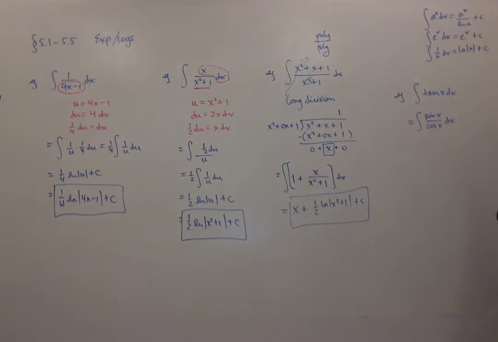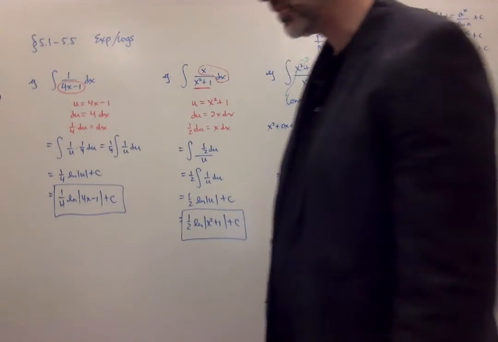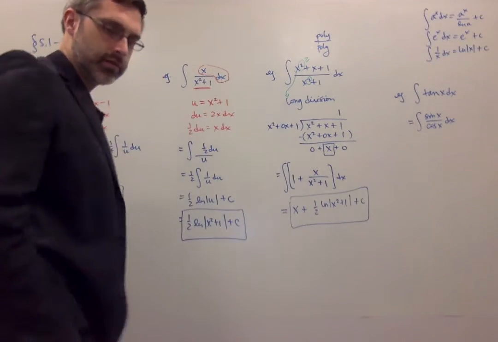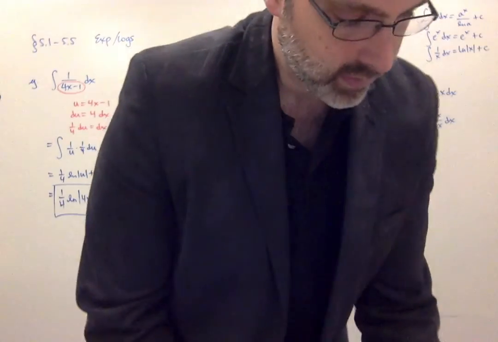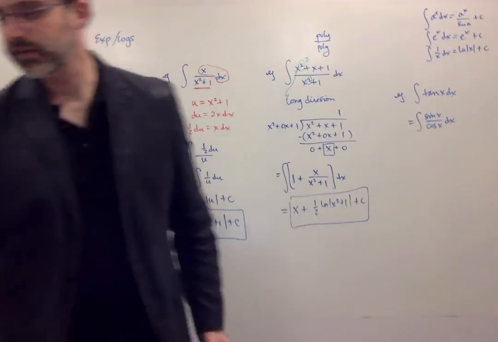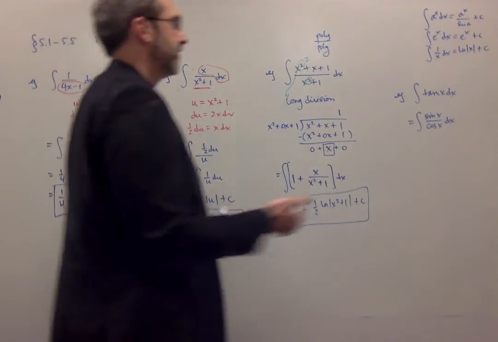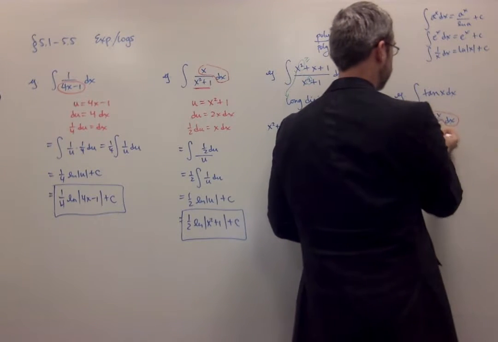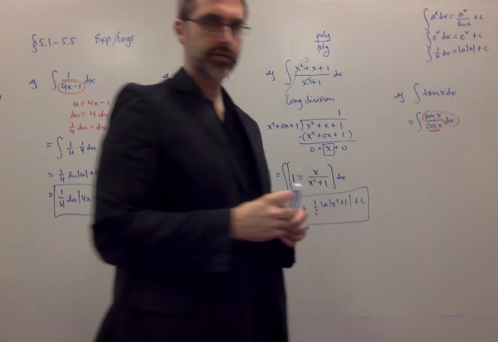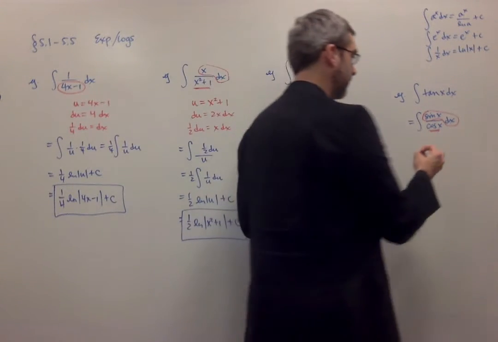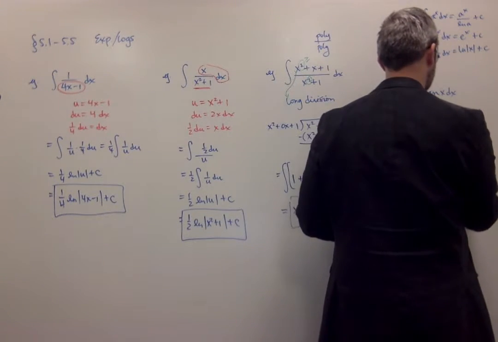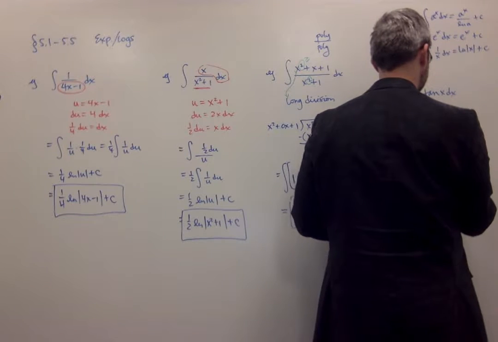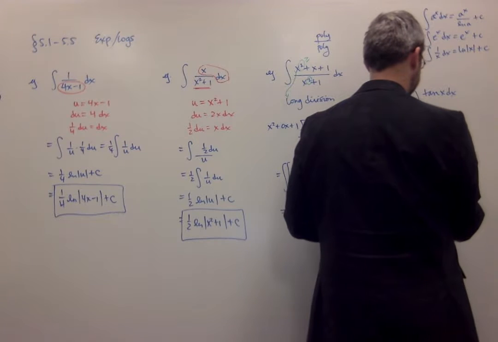one of the things that I notice is that if that top part is the du, then this bottom part is actually the u. So if I let u equal cosine, then the du is negative sine, but that negative is not a problem.